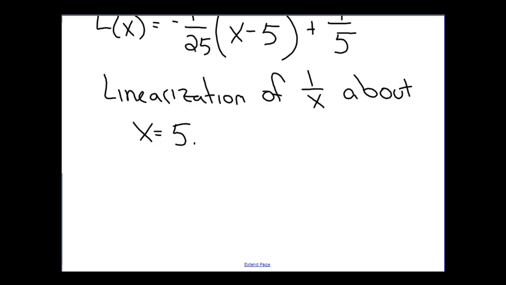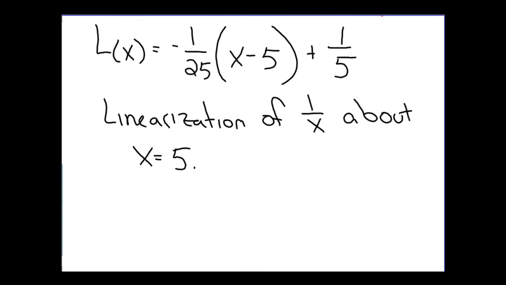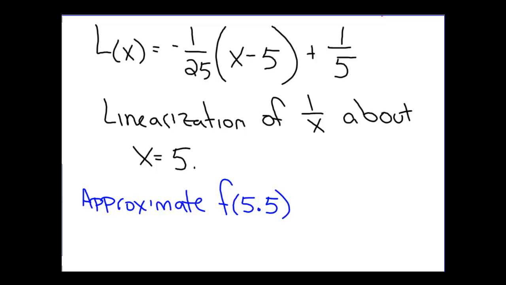So for example, one of the applications we can use here is we can use this to approximate values. So let's suppose we wanted to know what the value of the function were at the point x equals 5.5.